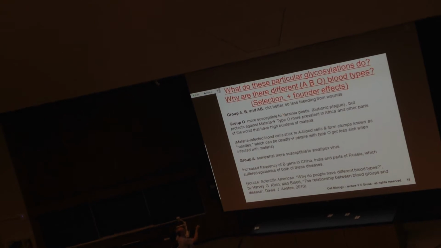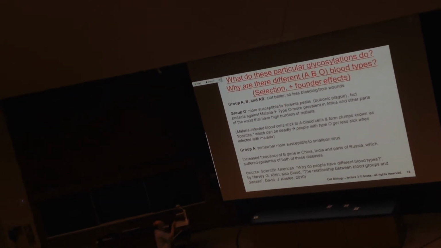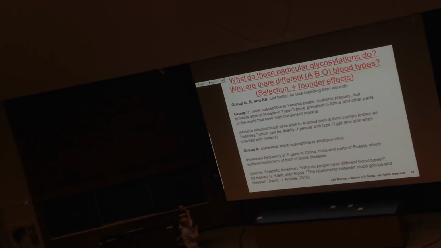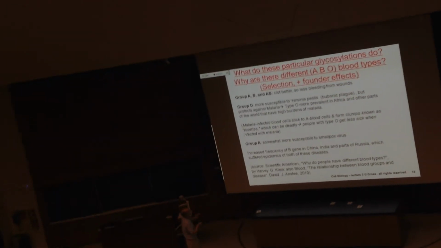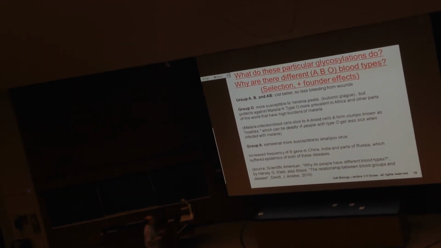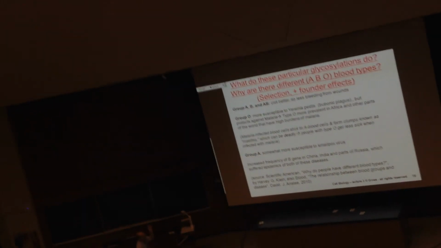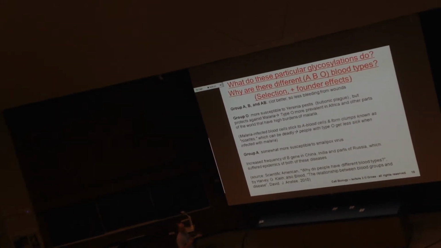Because group O appears to be more susceptible, it seems that one of the reasons you have more A and B in Europe is that malaria was less of a selective pressure and maybe plague was more of a selective pressure.